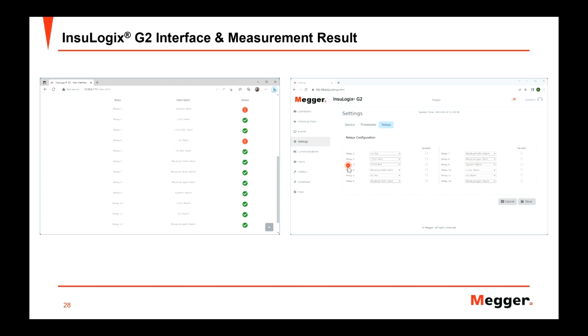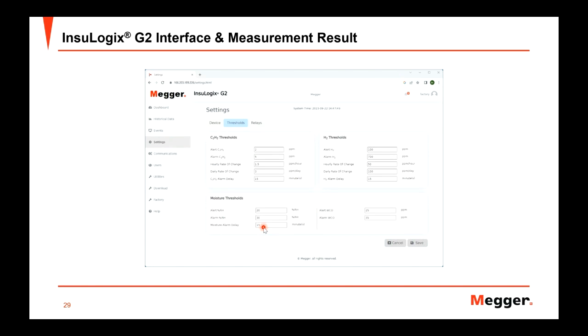So meaning you can easily set up all these relays through the web browser. You don't need any special software to control or manipulate anything. A simple web browser is enough. Google Chrome, Internet Explorer, those simple software.